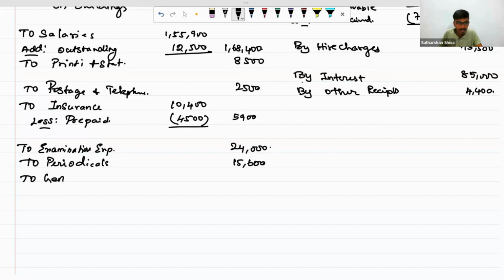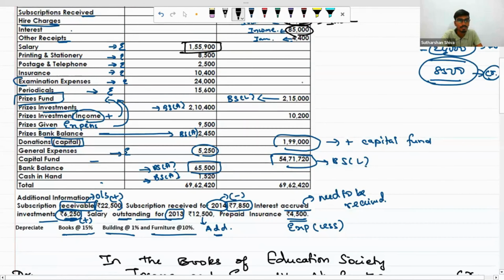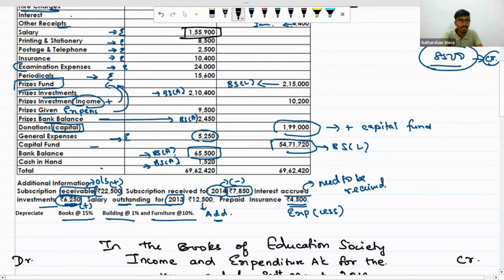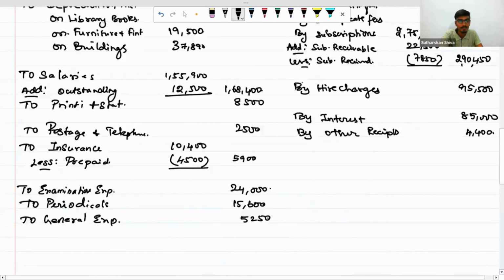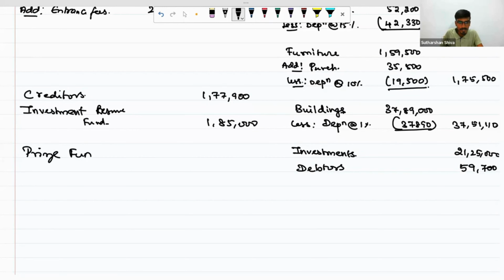Then we have general expenses, 5,250. Okay, remaining everything we write off, correct? Now it comes to prize fund investments. We will go to the balance sheet and write prize fund. What is the prize fund they have given?